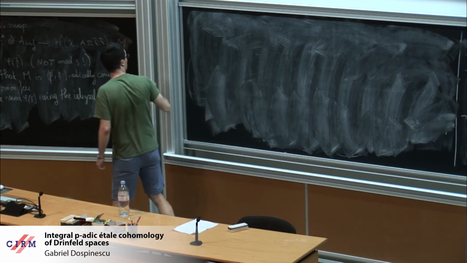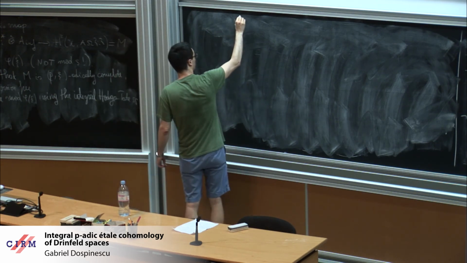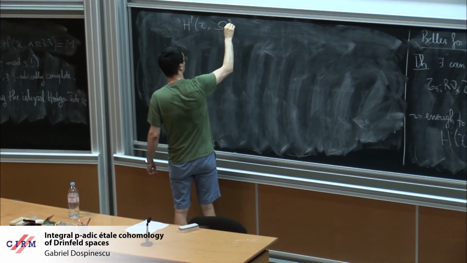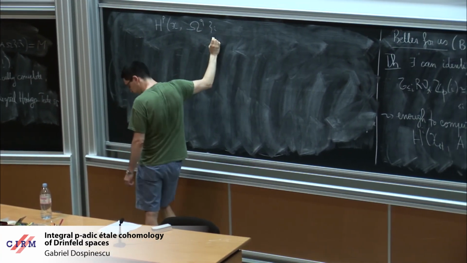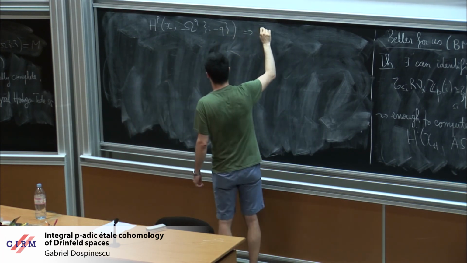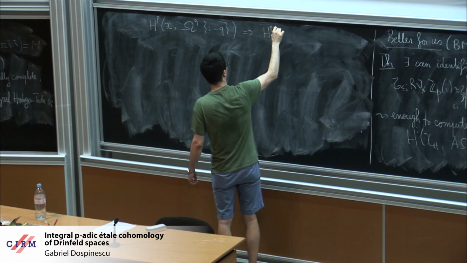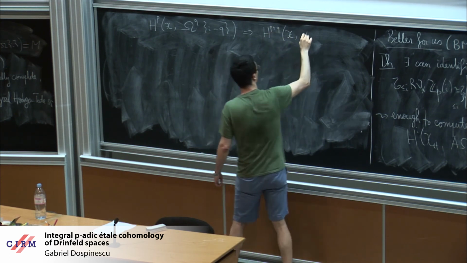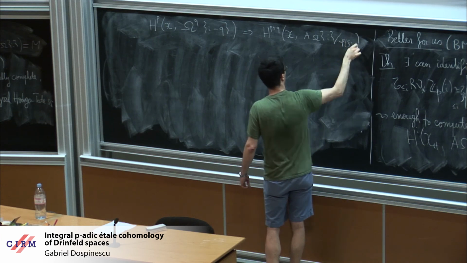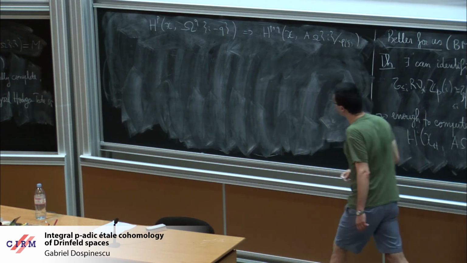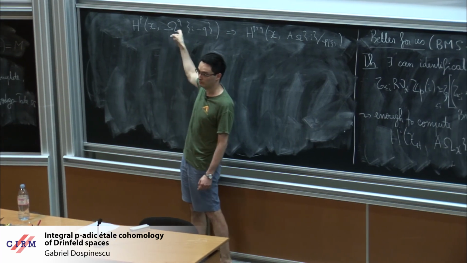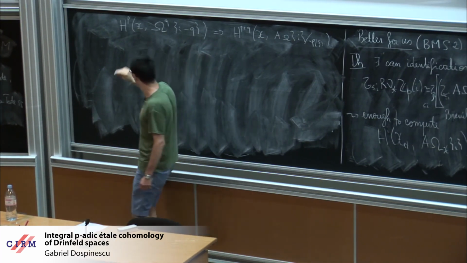Hodge-Tate spectral sequence, I guess this is H^p(X, Ω^q)... Now, this guy is 0 basically all the time by Grosse-Klönne. This is where we use, finally, his acyclicity result.